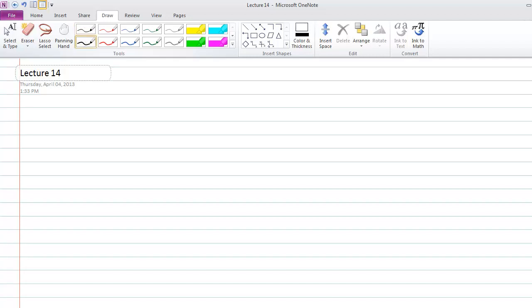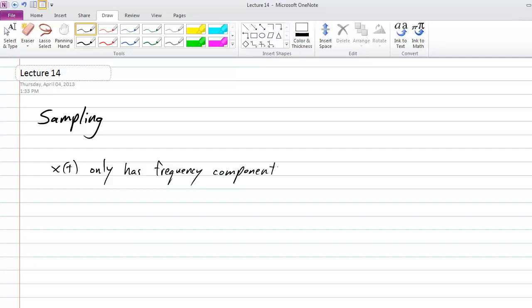Last time we talked about sampling. We said that if we have a continuous time signal that's band limited, so let's say x of t only has frequency components with magnitude of f less than some bandwidth, meaning the Fourier transform is 0.